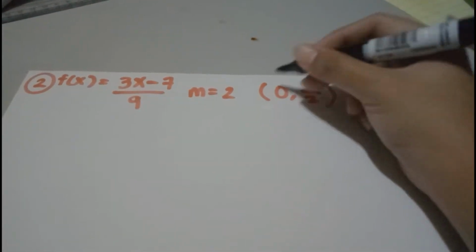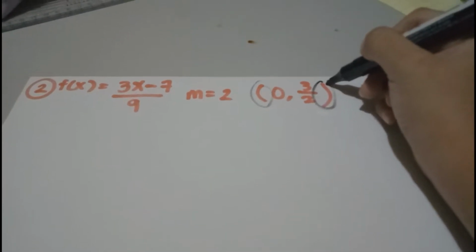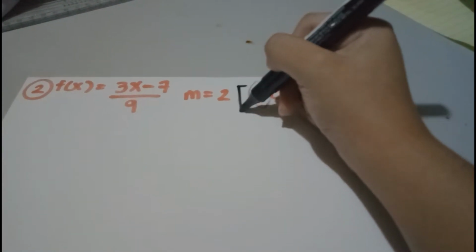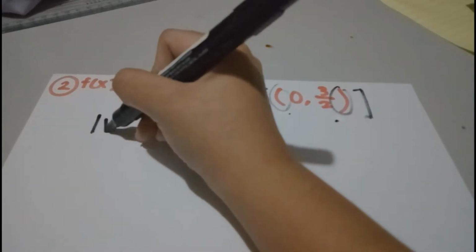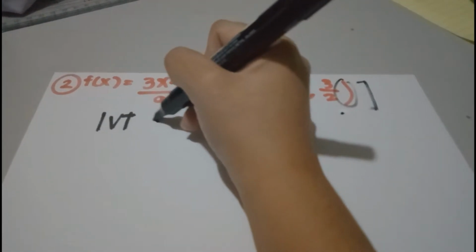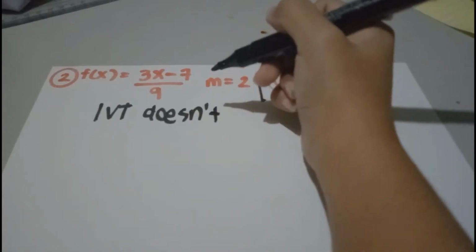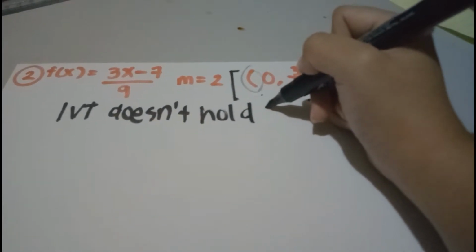But looking at this interval, this is not closed. It should be a bracket, not a parenthesis. So IVT doesn't hold true.